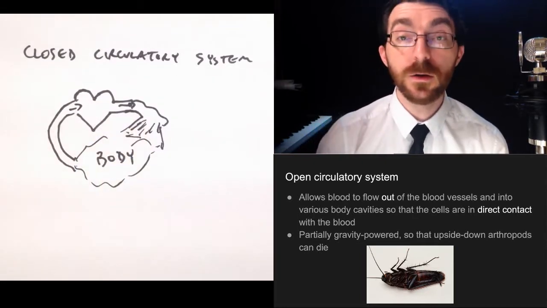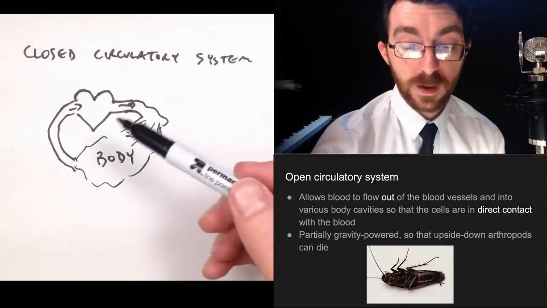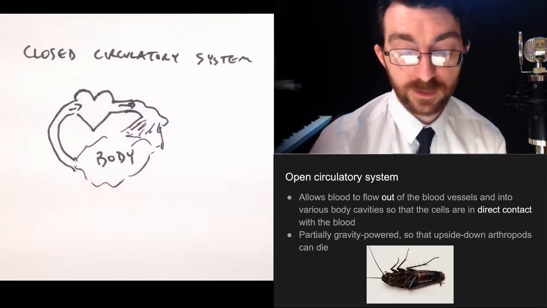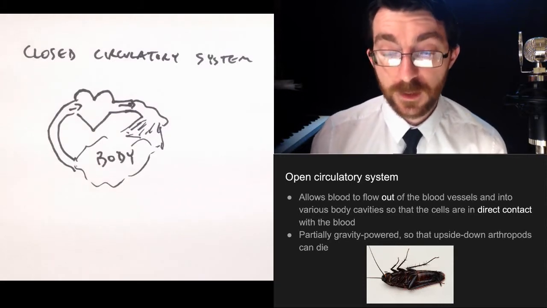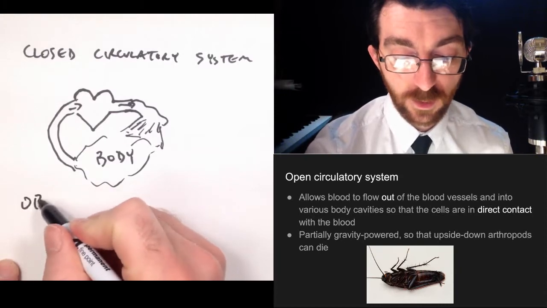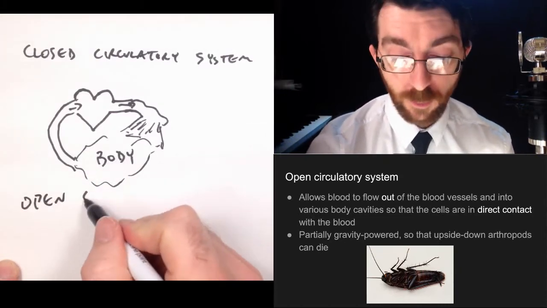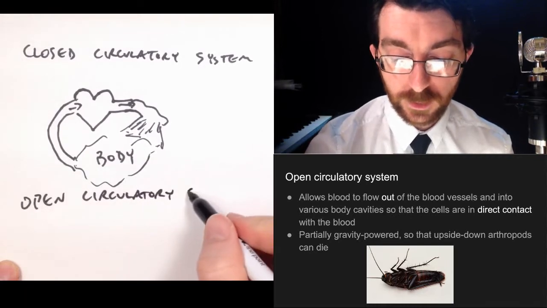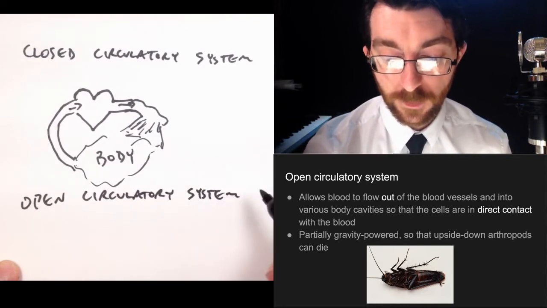Okay. Closed circulatory system. Blood flows out the heart through this blood vessel, reaches the body, and then comes back through the blood vessel. That is not exactly how an open circulatory system works. An open circulatory system works like this.